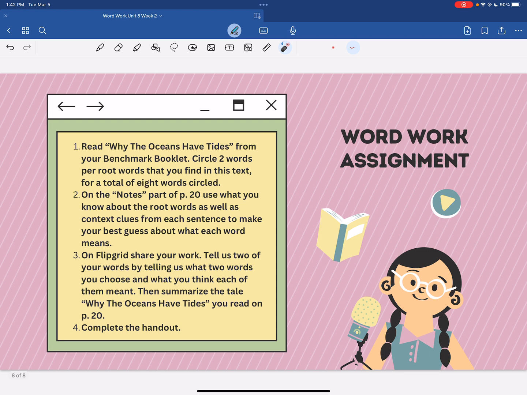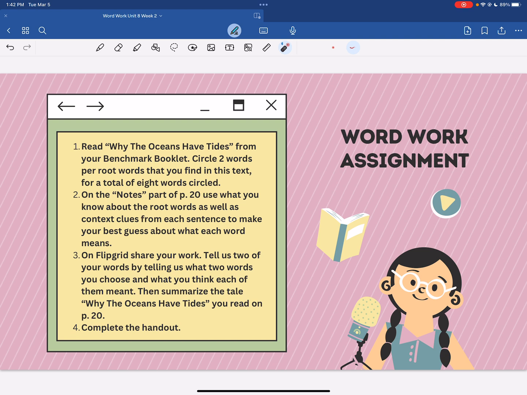Here is your assignment. Number 1, you are going to read Why the Oceans Have Tides from page 20 in your benchmark booklet. You are going to circle 2 words per root word. There's 4 root words.